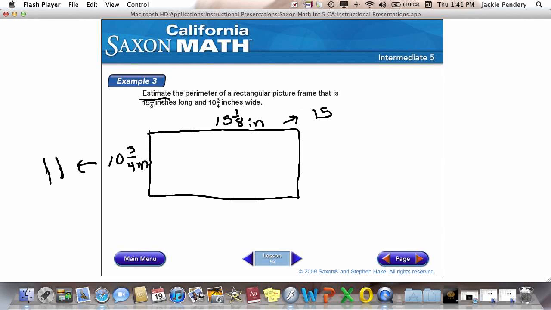Okay, so perimeter equals 2 times the length plus the width. Remember, this is the distance around the outside that I am looking for. This distance plus this one, plus this one, plus this one.